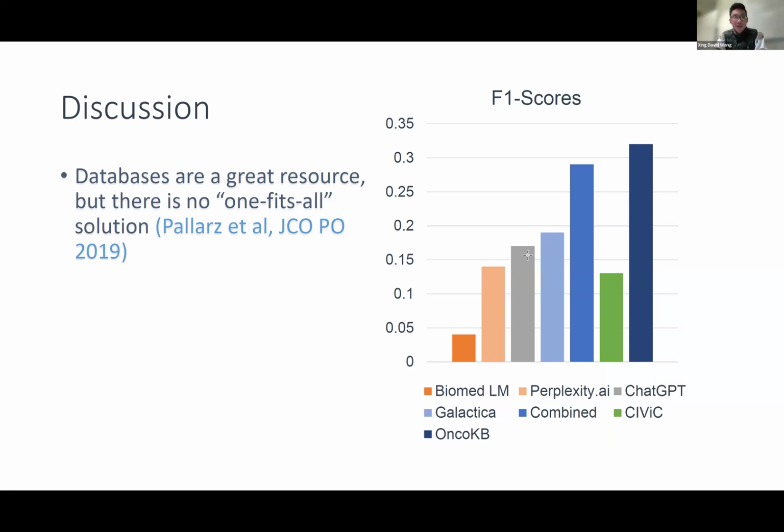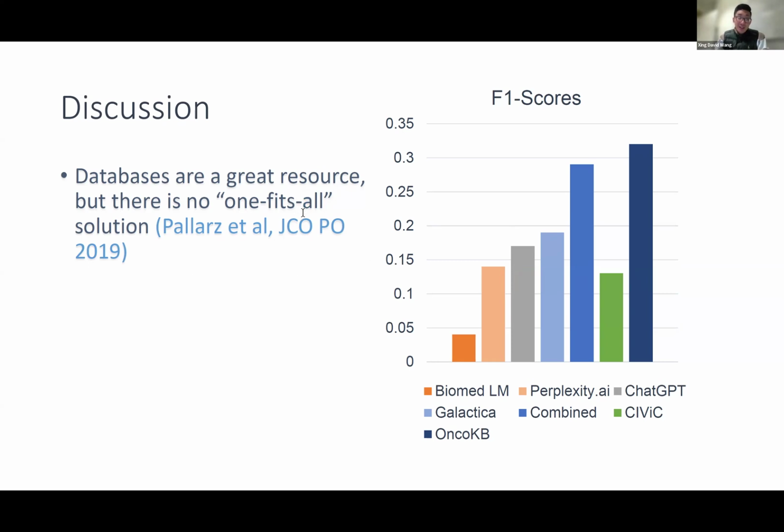Another part of the discussion is that we often see that humans consult databases like VICC or OncoKB or JAX CKB to annotate patient cases. And we could argue, okay, maybe these databases are much better than the large language models, so we do not actually need to look at them.